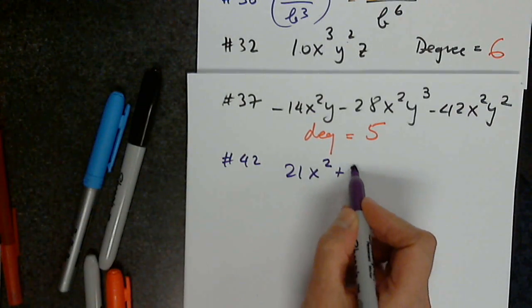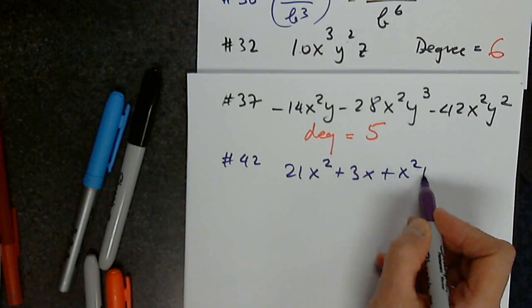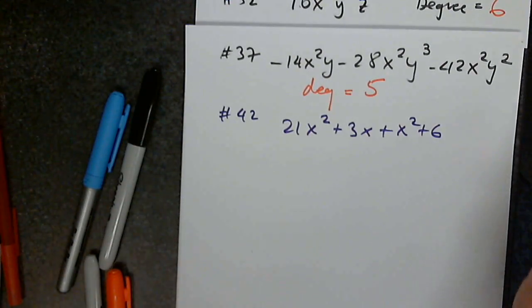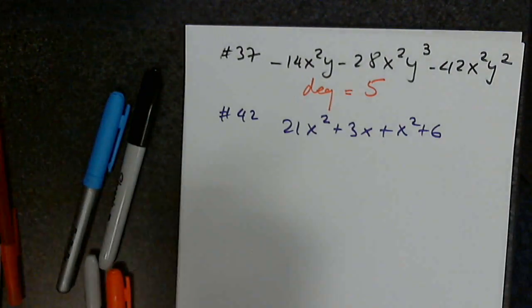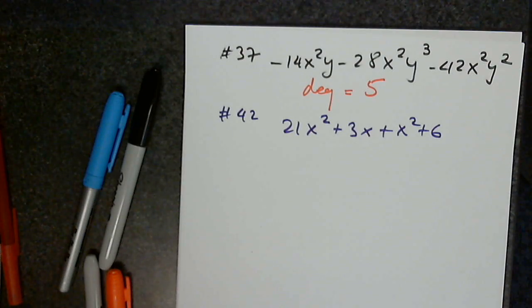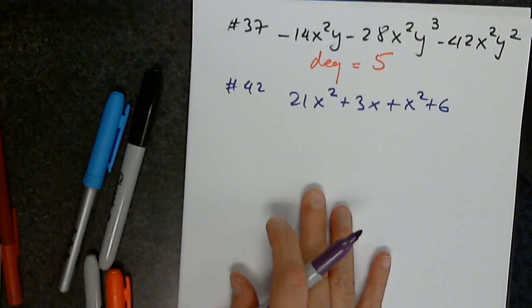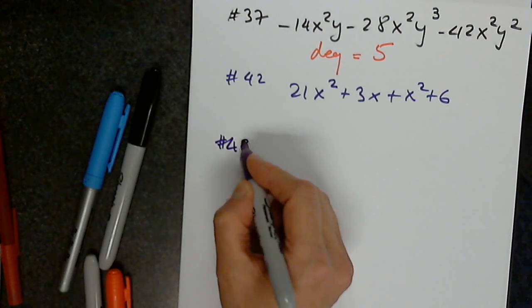Okay, we want to combine like terms: 21x squared plus 3x plus x squared plus 6. Please combine like terms. And then 48.